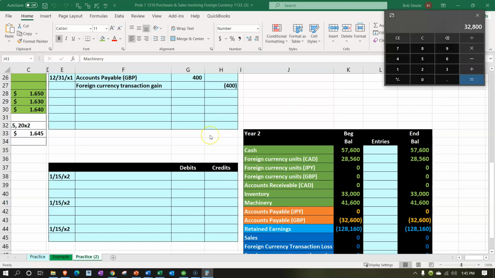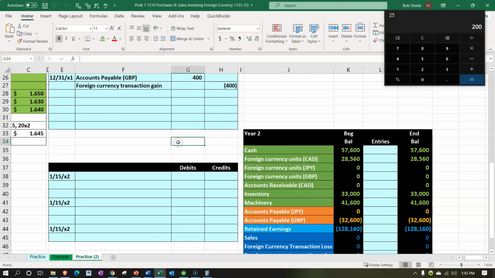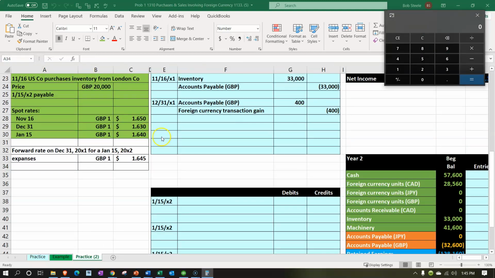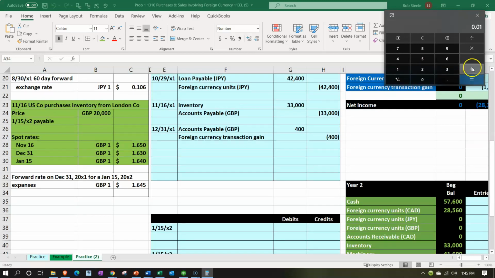So minus the 32.6, we have a change of $200. We can also calculate that change by taking the difference between the two rates: 1.64 minus 1.63 is 0.01, times the 20,000. That gives us our 200 again.